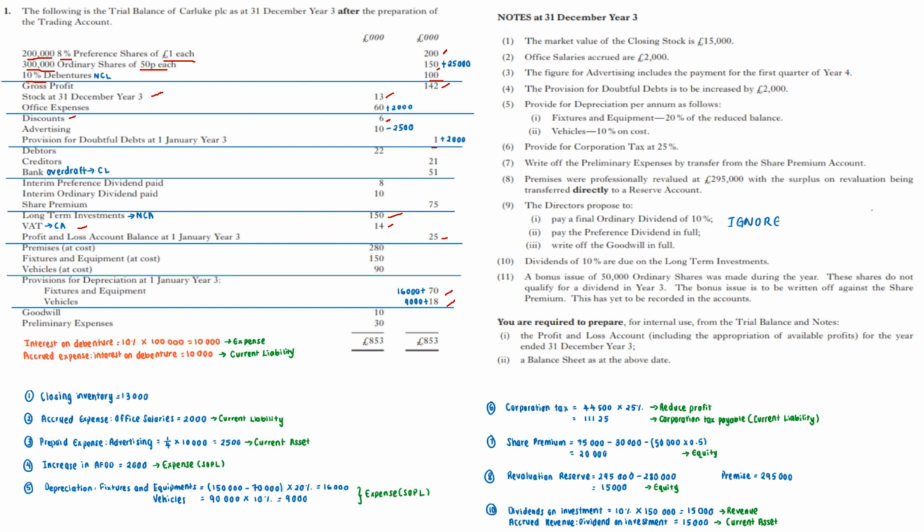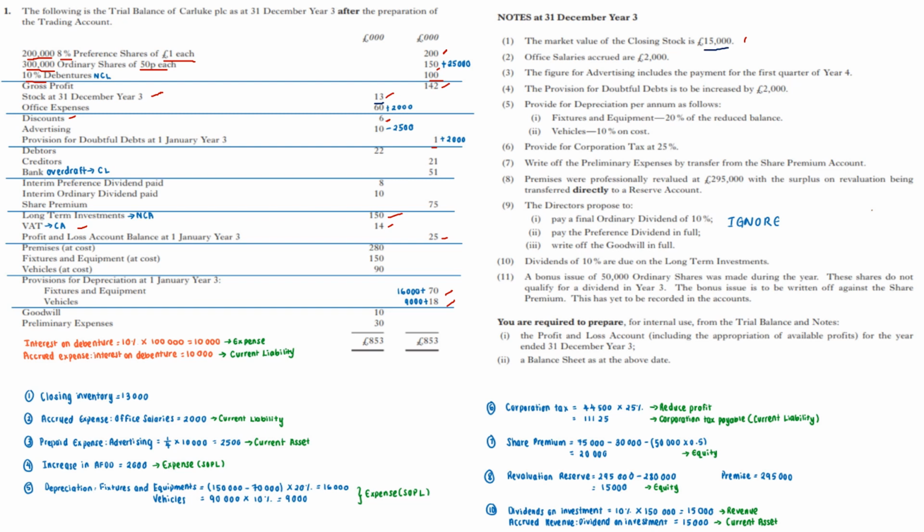So market value of closing stock is 15,000. Now let's look at your stocks in your trial balance. The stocks in your trial balance is 13,000. This 13,000 here represents the cost price. The market value of the closing stock is 15,000.